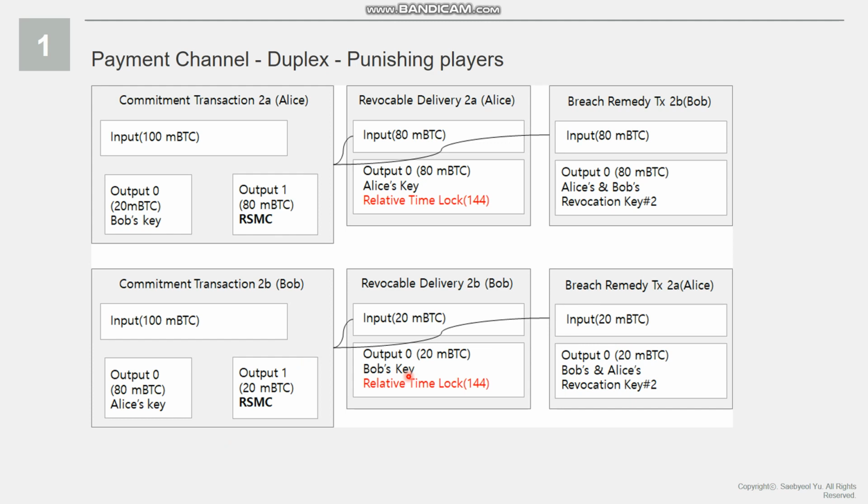Even if Bob submits a previous commitment transaction to the blockchain to make more money, it won't be his own right because RSMC's time lag is locked. During this time, if Alice submits a breach remedy transaction to the blockchain and proves Bob's misbehavior, Bob's assets are owned by Alice.